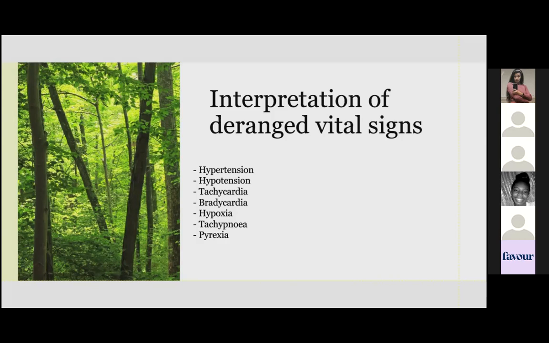So tachypnea, if the patient's breathing quickly, again, could be due to pain and anxiety, or it could be because they're systemically unwell. And if the patient's pyrexic, this is essentially infection until proven otherwise. So it could be due to any intra-abdominal infection, whether this is biliary sepsis, gastroenteritis, pyelonephritis, but also consider infection elsewhere.